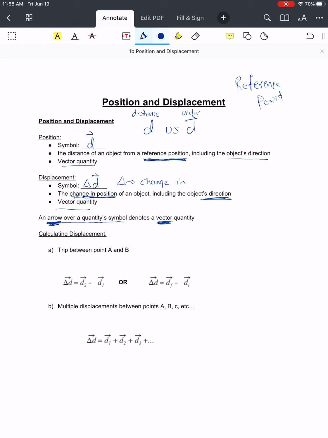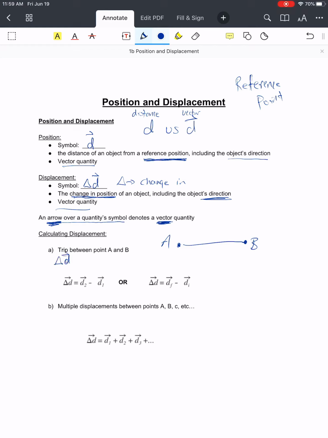Calculating displacement. There are two different ways of calculating displacement. So if it's just a trip between point A and point B, just a one-way trip, there's a beginning and there's a definite end, okay? Displacement, remember, was delta D with an arrow.